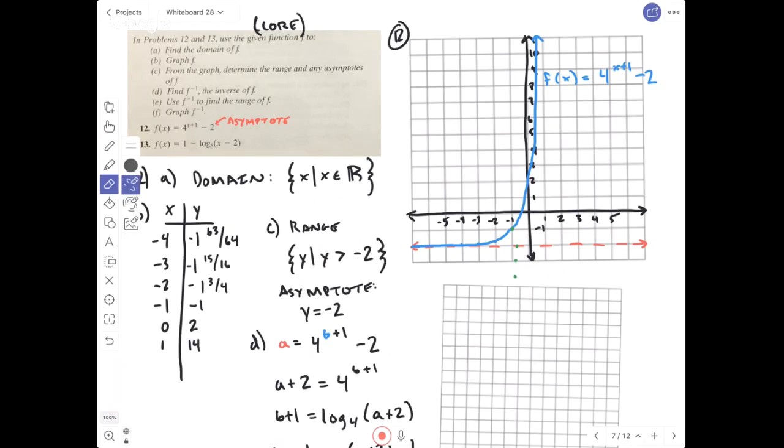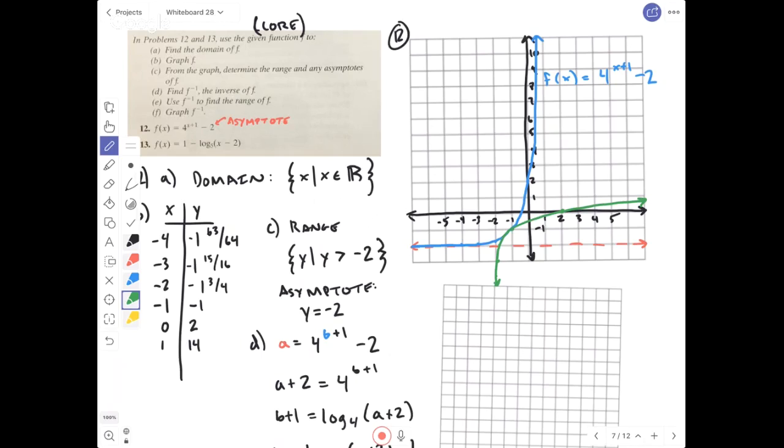Oh, looks like I moved those points over. So here we go. That's better. Okay, -1, -1, 2, 0. And 14, 1 is already off my graph. So there we are.